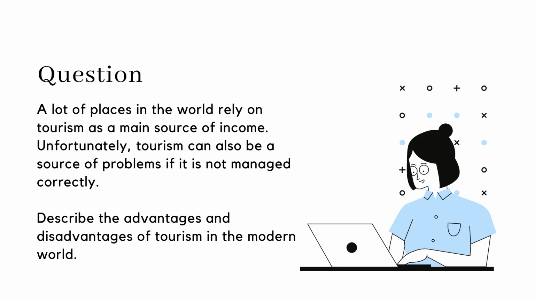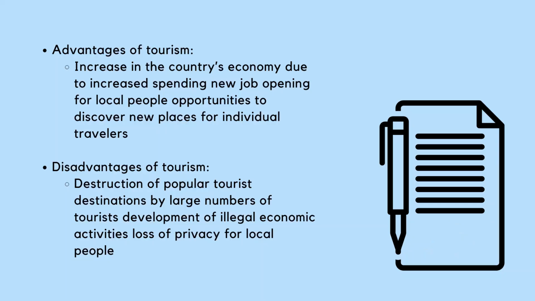First is making a plan. You can see that as we are asked to write advantages and disadvantages, we have written the points that we will include for advantages and the points we will include to mention the disadvantages. Starting with advantages of tourism.